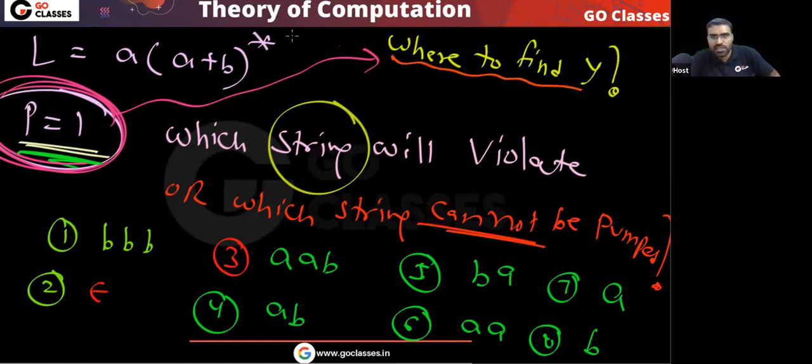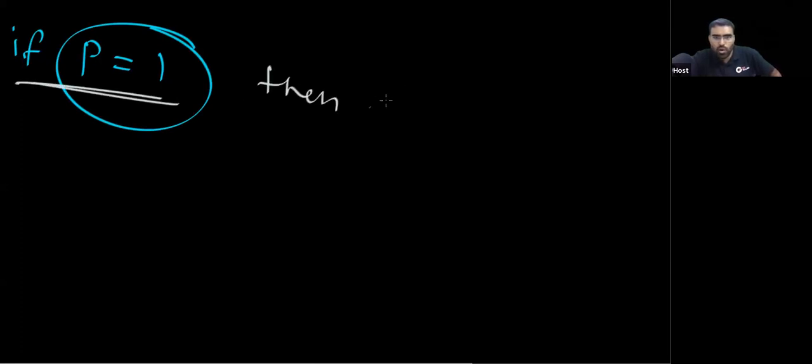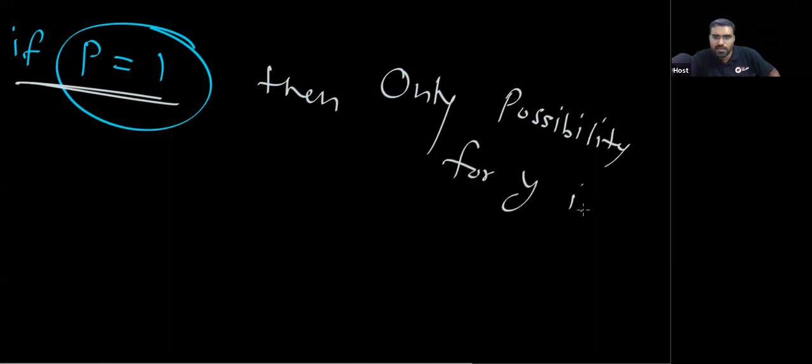Within the first p symbols, that means within the first one symbol, only the first symbol can be taken as y. If you take p equal to 1, then the only possibility for y is the first symbol.